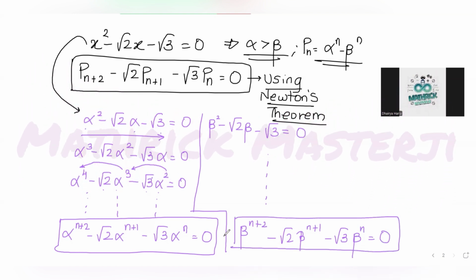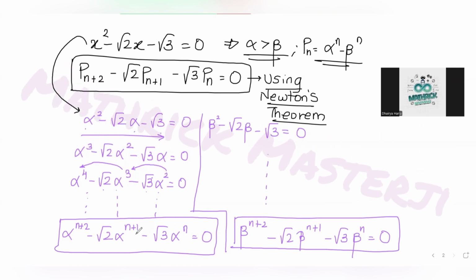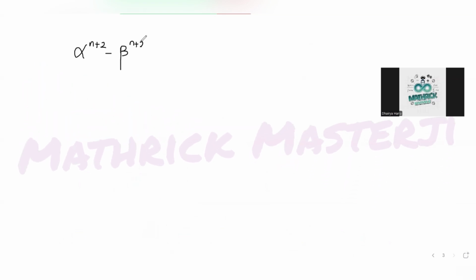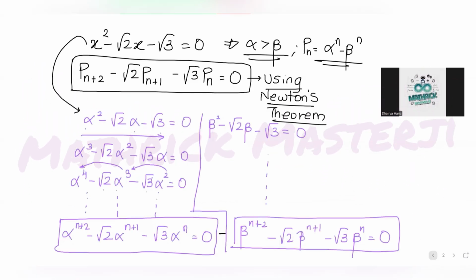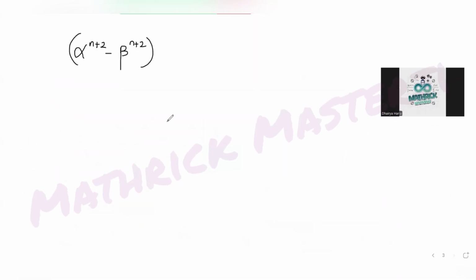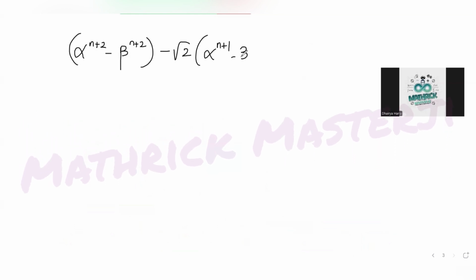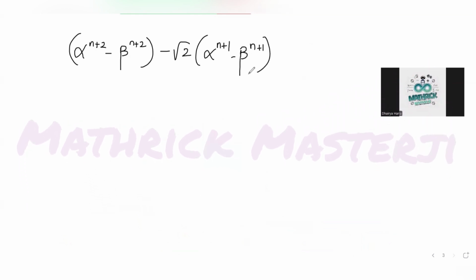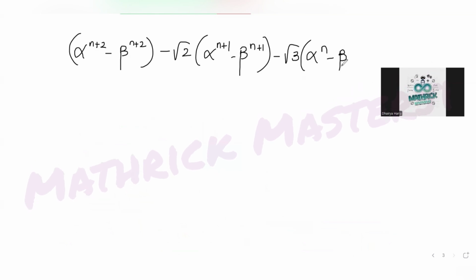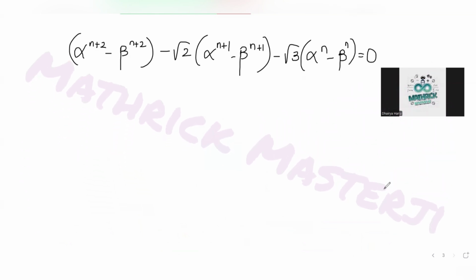If I subtract both the expressions, I get alpha raised to n plus 2 minus beta raised to n plus 2, then minus root 2 common for the second term, alpha raised to n plus 1 minus beta raised to n plus 1, minus root 3 times alpha raised to n minus beta raised to n is equals to 0.